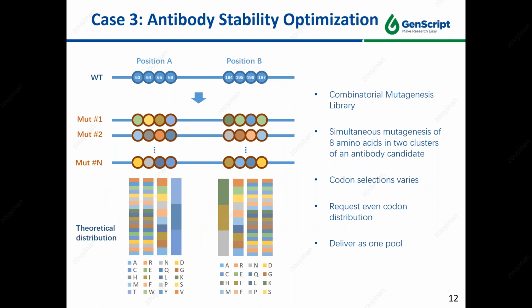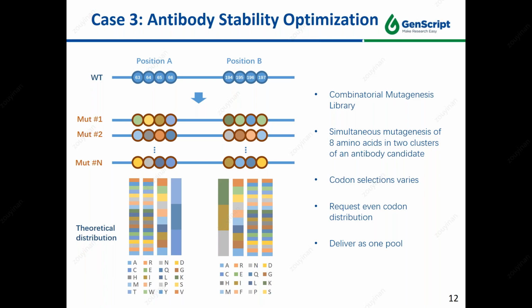Now it comes to the third case. The third case is about antibody engineering. The customer was interested in improving the stability of an antibody candidate. Based on their bioinformatical analysis of the protein structure, the customer aimed to create simultaneous mutations for all 8 amino acids located at 2 clusters of the antibody sequence.